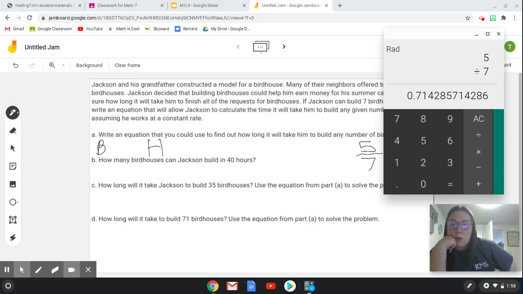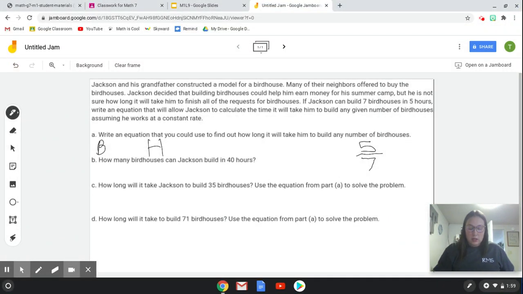So it takes him about 7/10 of an hour to make 1 birdhouse. But we're just going to leave it as 5/7 so that we get a more exact answer as we do equations. So then as I'm making my equation, we're going to have to figure out hours, because we decided that we need the 5/7.